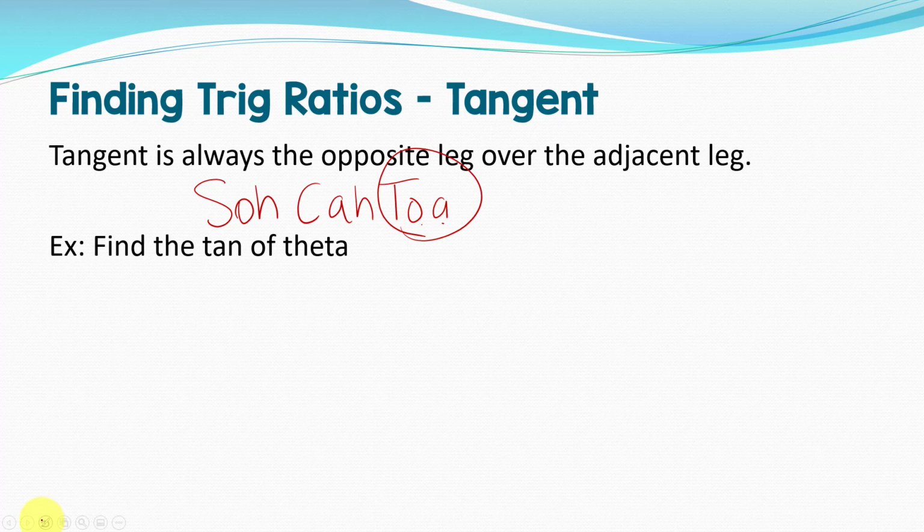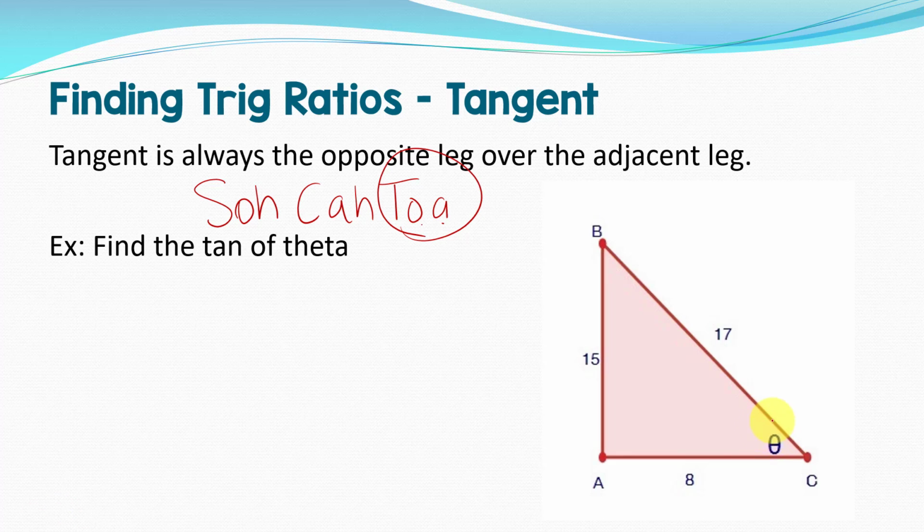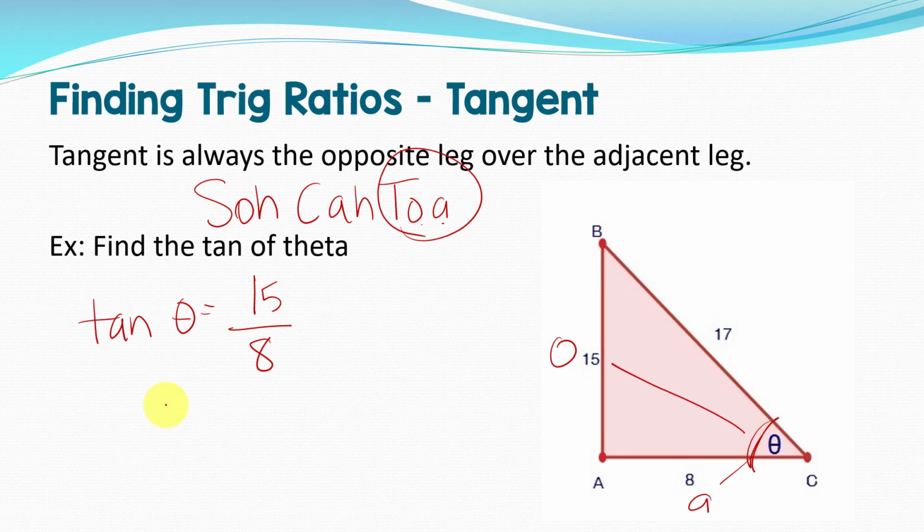When we label, we have the angle here, and we only care about the opposite and the adjacent. Tangent of theta is opposite over adjacent.